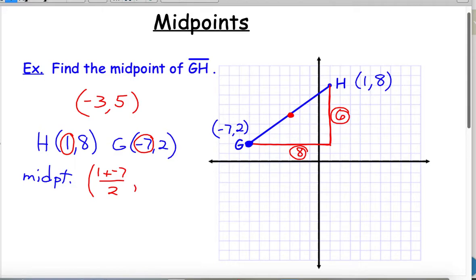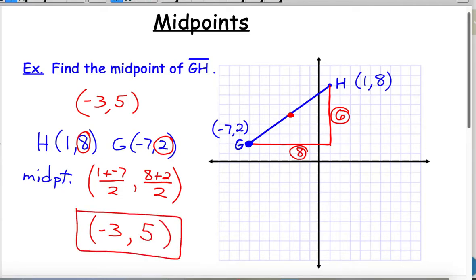And then we're going to average the y numbers: 8 plus 2 divided by 2. Now when I figure this out, 1 plus negative 7 is negative 6. Negative 6 divided by 2 is negative 3. And then 8 plus 2 is 10. 10 divided by 2 is 5.